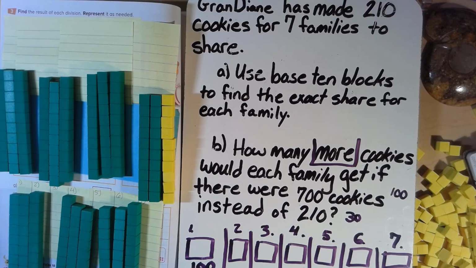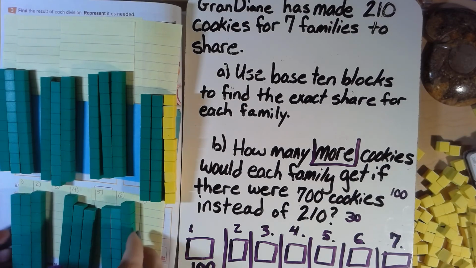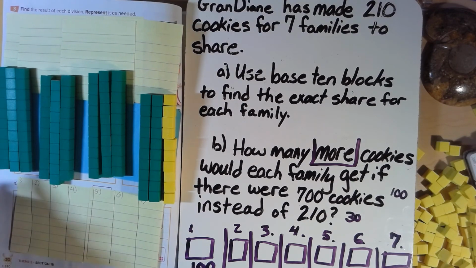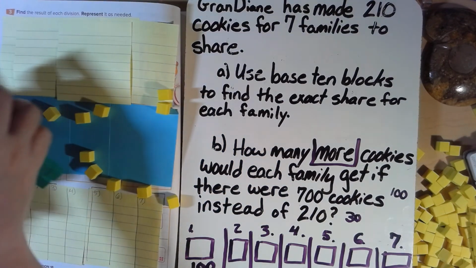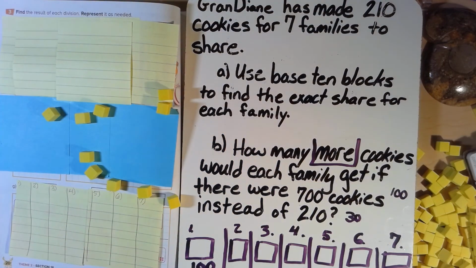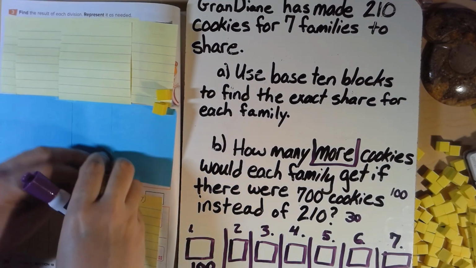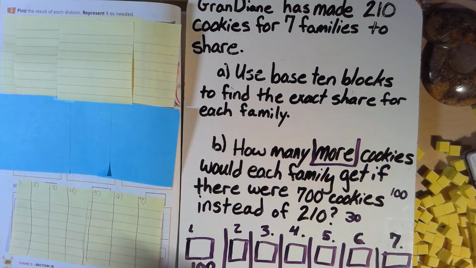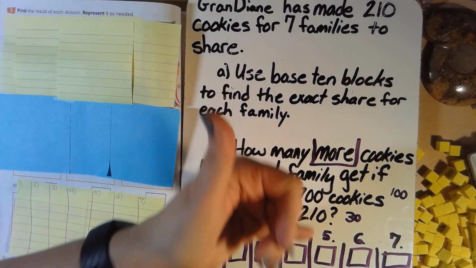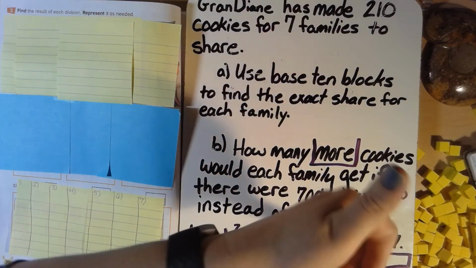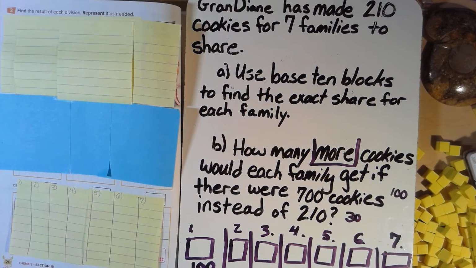So what do you think the answer is? How do you solve this problem? It's a little difficult. You have a lot of numbers. You have 700, 210, 100. We had to do division.